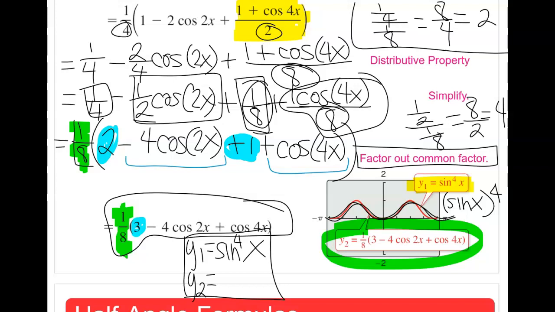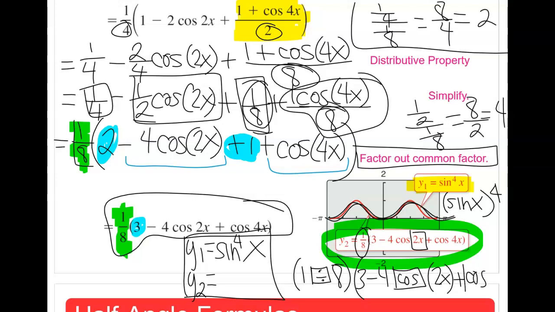Now, when you are entering something like this on the calculator, I would recommend that the 1/8, you enter that in parentheses. So parentheses 1 divided by 8, close parentheses, then you will enter the rest. 3 minus 4, and then you can press your cosine key, and then in parentheses, make sure you do enter 2x in parentheses, close parentheses, then plus cosine with the cosine key, and then parentheses for x.